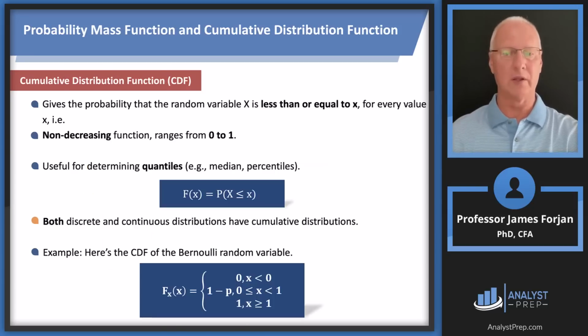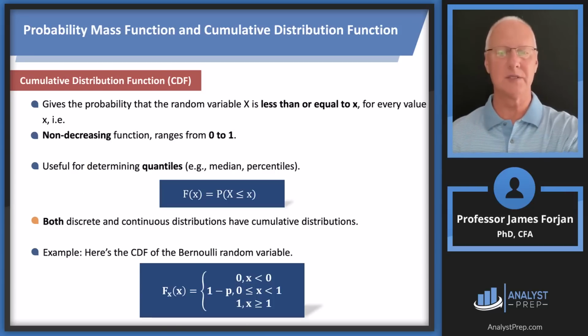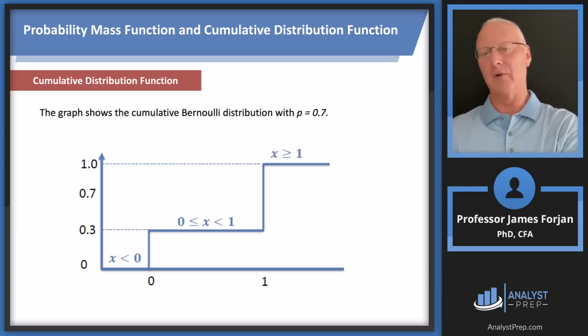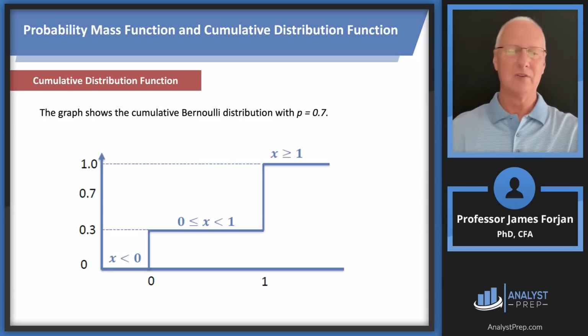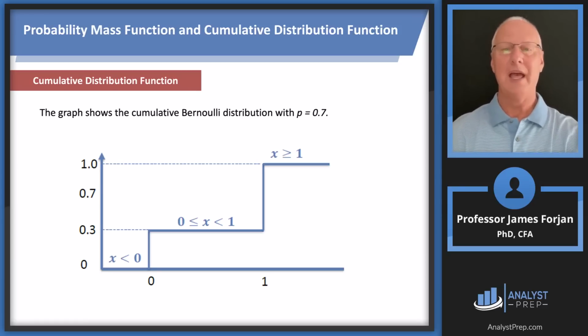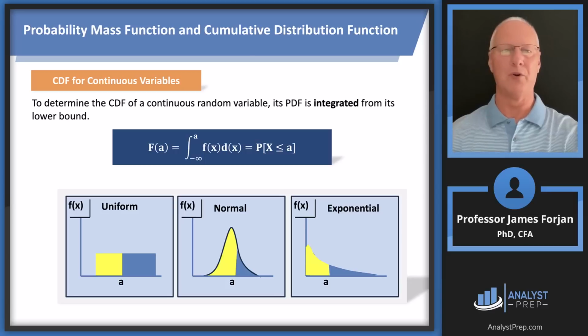Let me go back here real quick. So there in the bottom blue box, there's the function, and here's the graph. If x is less than 0, there's no way that can occur. If x is greater than or equal to 1, there's no way that can occur. So really, we're just doing the steps, take the step up. So there's the 30%, and then if you add the 70%, so 30% plus 70%, that gets you 100%, right? So there's the step of the CDF for Bernoulli.